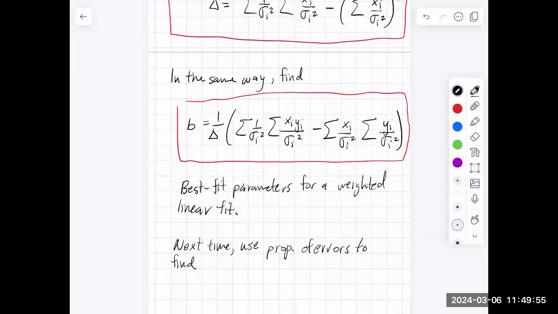So next time, use propagation of errors to find sigma A and sigma B. That covariance matrix that you see in Python, we often will find the uncertainties of the best fit parameters from the diagonal elements of that matrix. We will see that eventually.